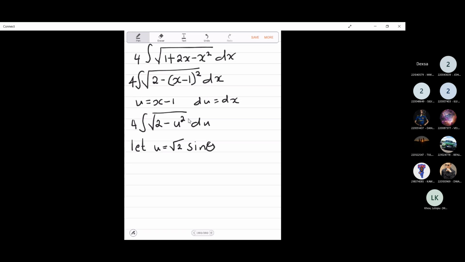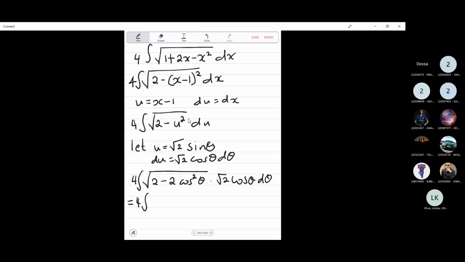This was one of the first trigonometric substitutions that we did. So du is the square root of 2 cos theta d theta. So for the integral of the square root of 2 minus u squared, this is 2 cos squared theta. And then du, this is the square root of 2 cos theta d theta.